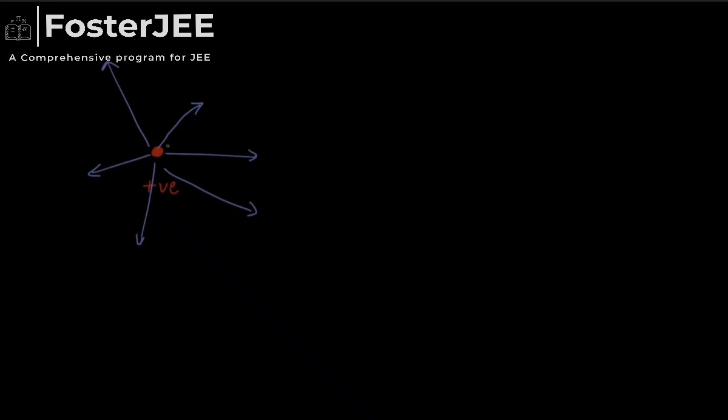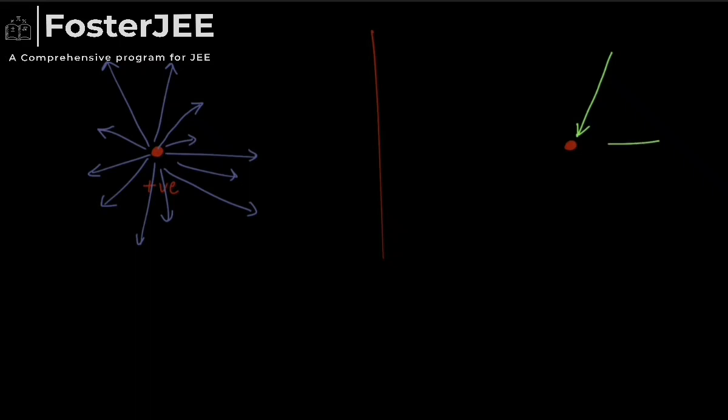So just imagine a sphere. It's emerging its electric field everywhere. On the other hand, if we have a negative charge, then all the electric field gets terminated on negative charges. So we can say electric field ends on negative charge.